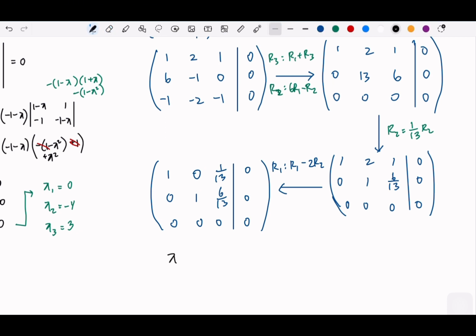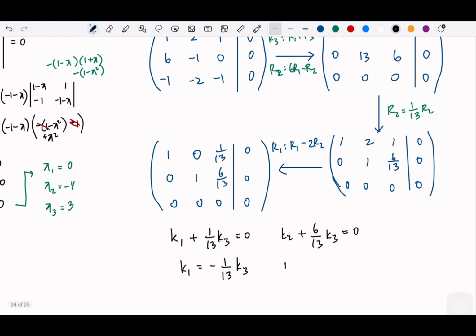This is not lambda, this is k, sorry. k1 plus 1 over 13 k3 is 0, so k1 is negative 1 over 13 k3, and k2 plus 6 over 13 k3 is 0, so k2 is negative 6 over 13 k3.